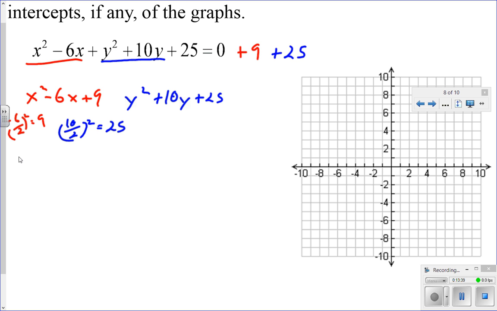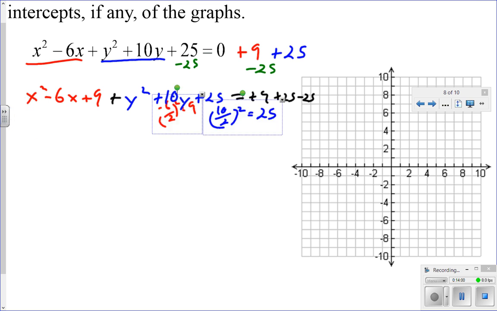And I'm going to move this guy over to the other side, so minus 25 here. So if I have this all plus 9 plus 25 minus 25, I'm going to simplify it here.